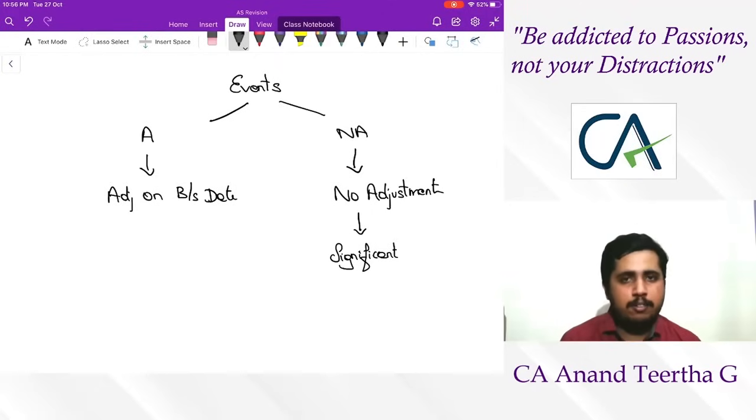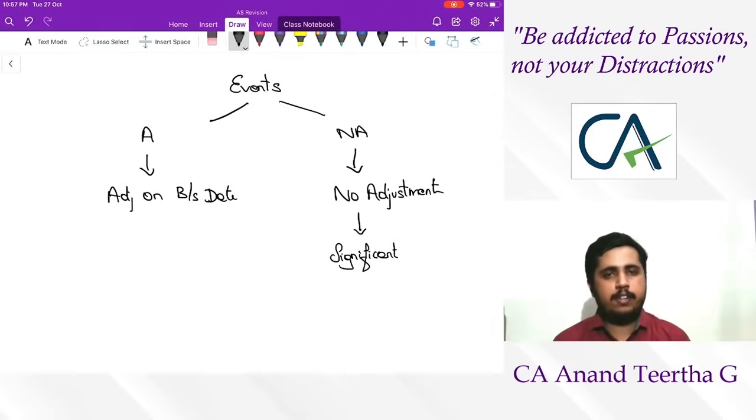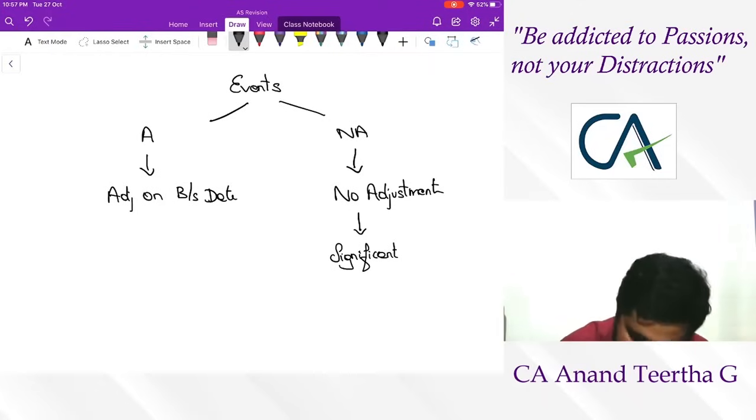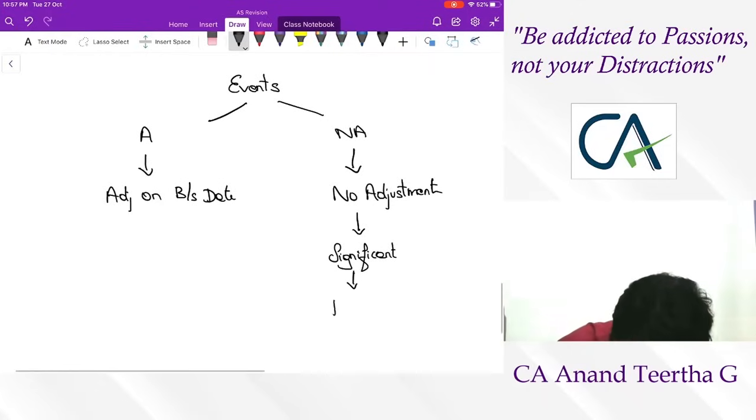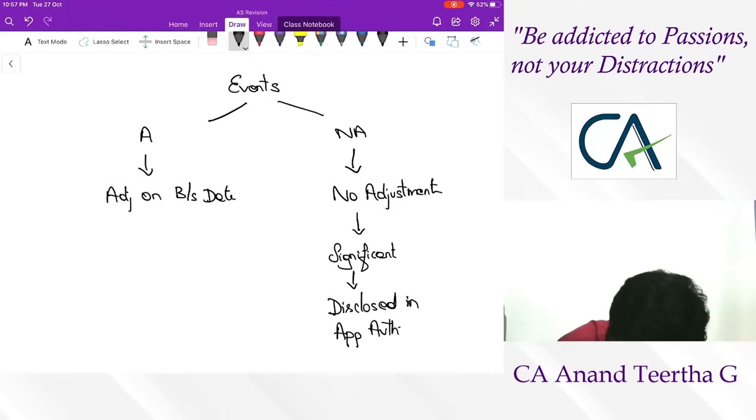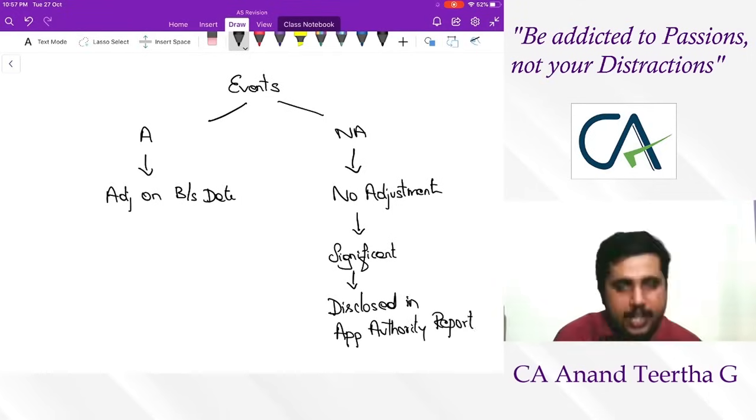By material I meant that the shareholders should know about this. If a non-adjusting event is significant in nature, then it should be disclosed in the director's report or the appropriate authority report, because the users should know that something has happened.